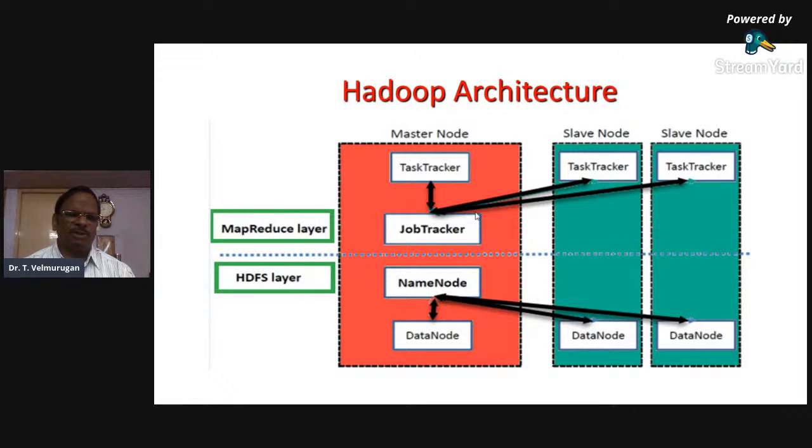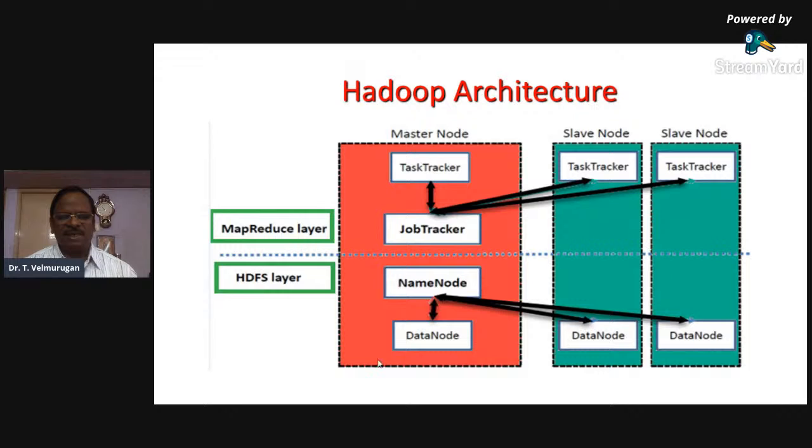The output of the MapReduce layer is the input of the HDFS layer. In the HDFS layer, there are two kinds of nodes. One is the name node and another is the data node. The name node is the command producer, the data node is the job processor.